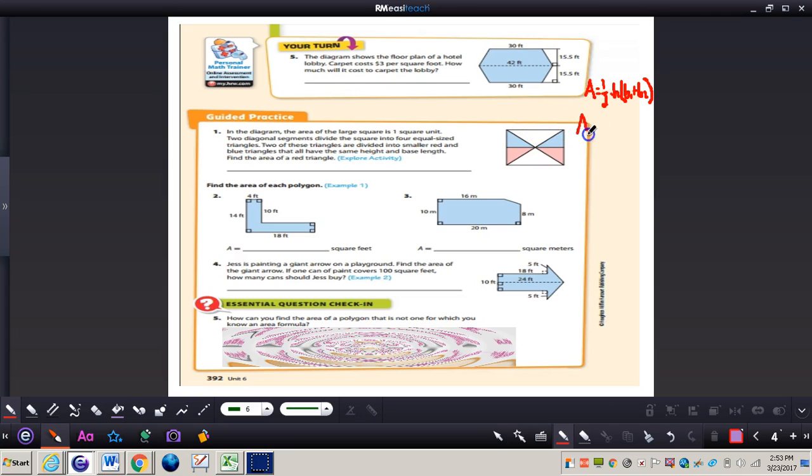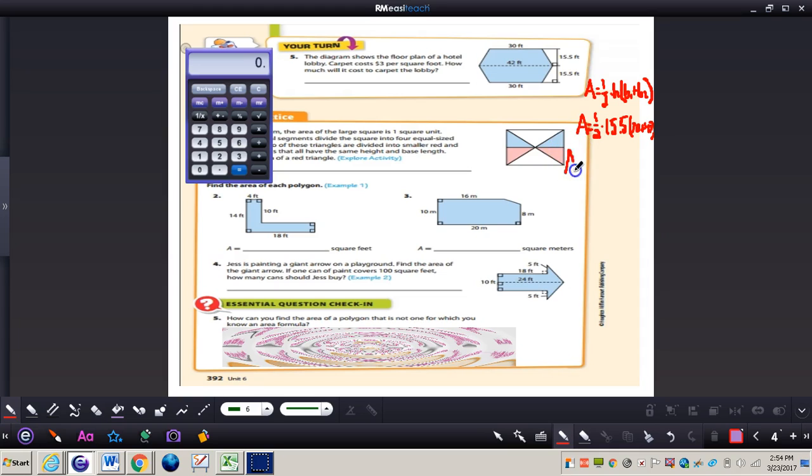So we have area equals 1/2, I want you to do this with me, times the height, which is 15.5, base 1, 30 feet, base 2, 42 feet. Sorry, I have to really squeeze this in here. Now we add, so we have area is 1/2 times 15.5 times 30 plus 42. That's going to give us 72.